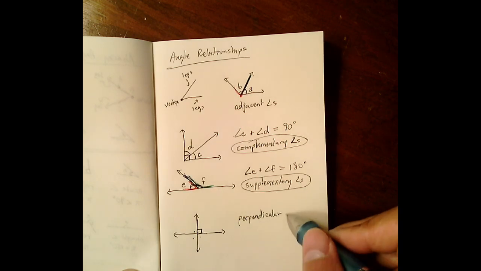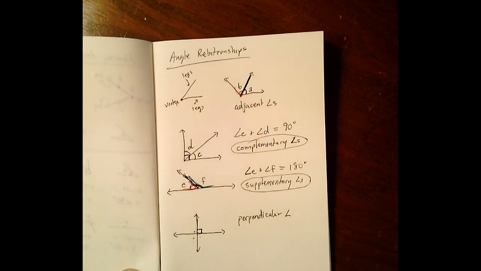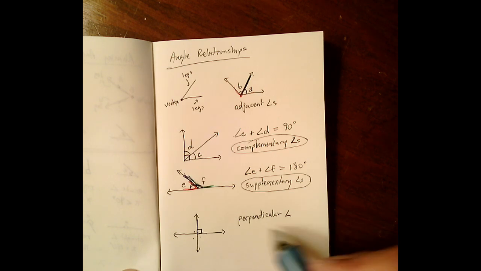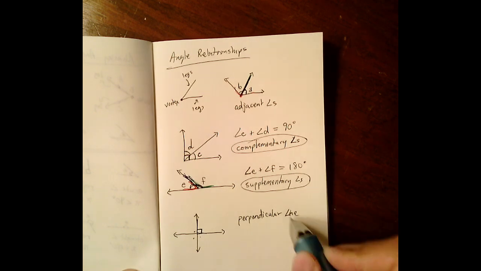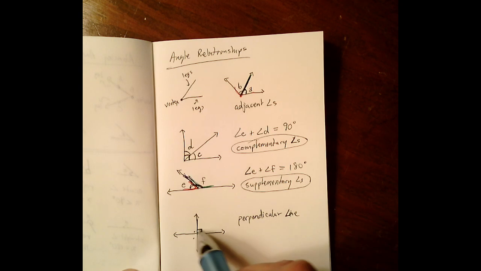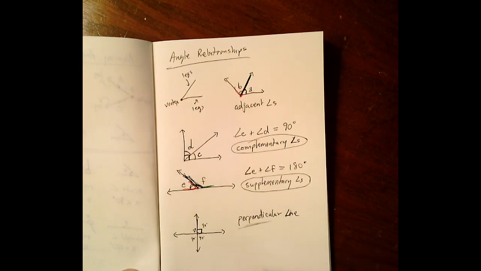A perpendicular angle, and it bisects or cuts through that line, sometimes called a perpendicular bisector. It's cutting through the line in half, and it's creating a right angle. So perpendicular lines create a 90-degree angle, and all of these would be 90, 90, 90, 90. Recognize this will be important for us to understand.